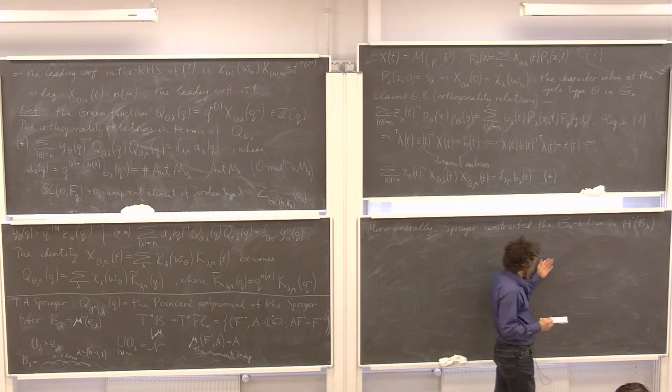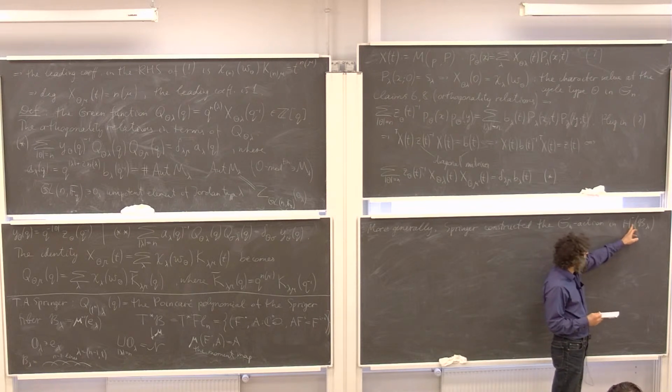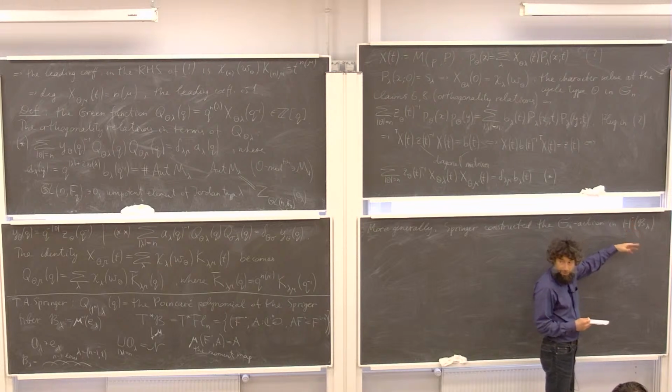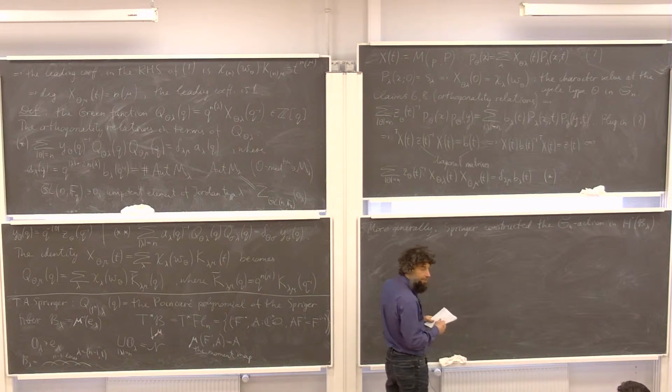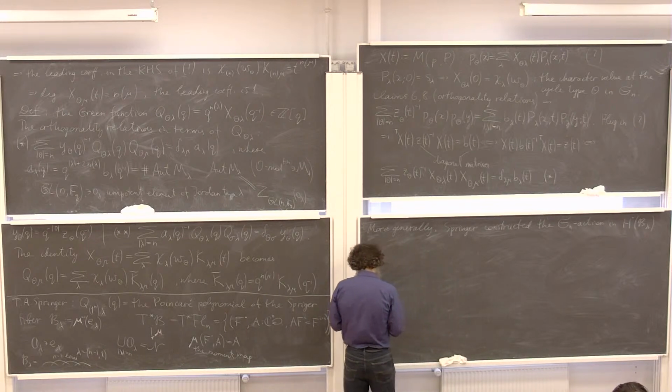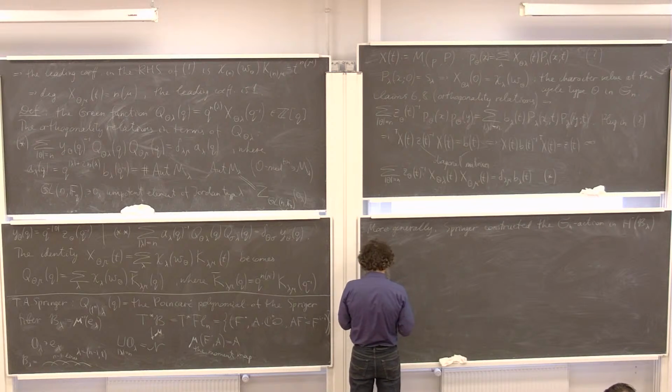So it follows that the cohomology only lives in even degrees. And when I say Poincare polynomial, then this variable q has degree 2. So there is an action like here.